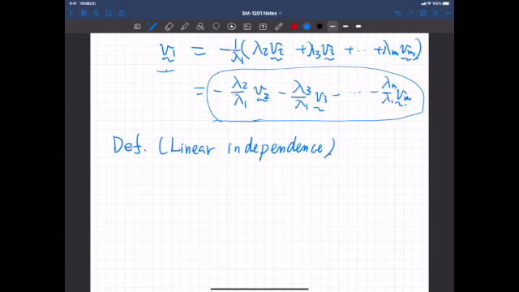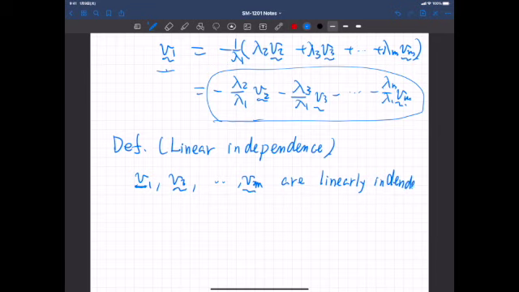Okay, so v1, v2, up to vm are said to be linearly independent if they are not linearly dependent.